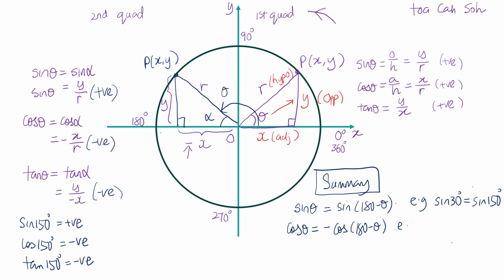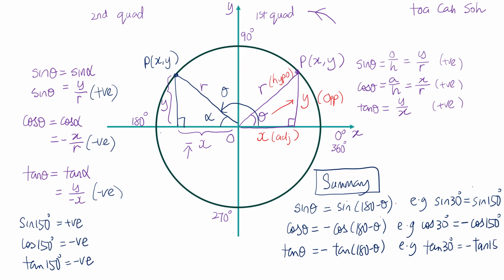What does it mean? It means that cosine 30 will be negative cosine 150. And tangent theta will be negative tangent 180 minus theta. What does it mean? It means that tangent 30 is equal to negative tangent 150 degrees. Okay, so that is the connection for the sine ratio in the first and the second quadrant.